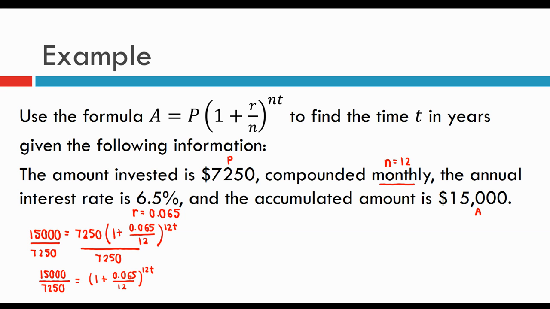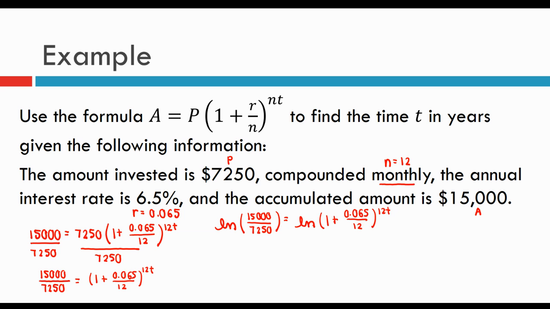So that means we are going to take the natural log of both sides. So we'll have the natural log of this 15,000 divided by 7,250. That's going to equal the natural log of our lovely base 1 plus 0.065 divided by 12 raised to the 12 times t power.